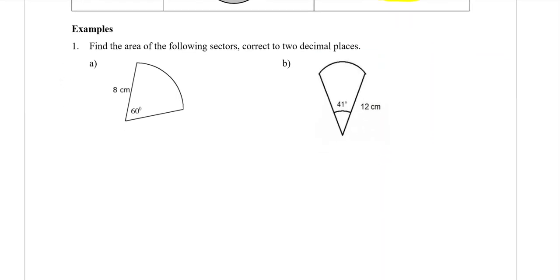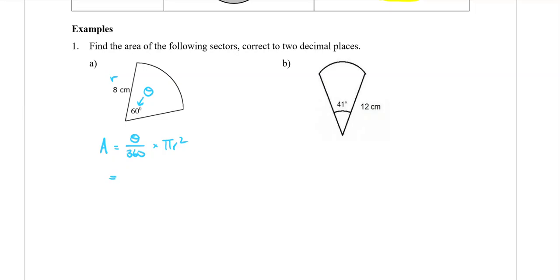So in our questions, question number 1, find the area of the following sectors correct to 2 decimal places. First of all, the formula for the sector is A equals theta over 360 times pi r squared. The theta is this angle, the 60 degrees. The radius is going to be the 8.